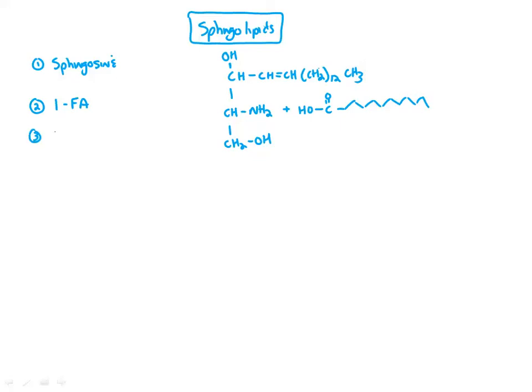And then, of course, we have our phosphoric acid, or our phosphate group. And so we would have a plus HO-P double bond O-OH-OH. And then our last component of it is, again, just a nitrogen base. Or sometimes we call that an amino alcohol.